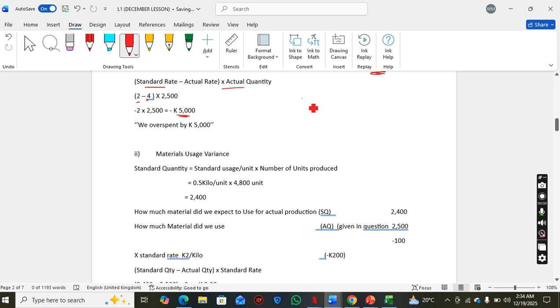What we're comparing is how much material we expected to use for actual production, which is basically our standard quantity, and how much material we actually used. The standard quantity is basically how much we planned to use, so it's the standard usage per unit multiplied by the number of units produced.